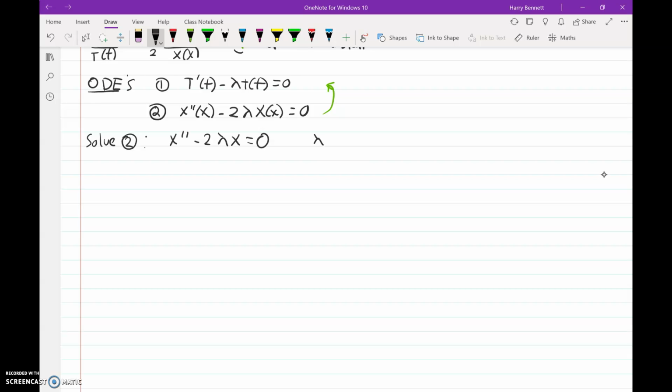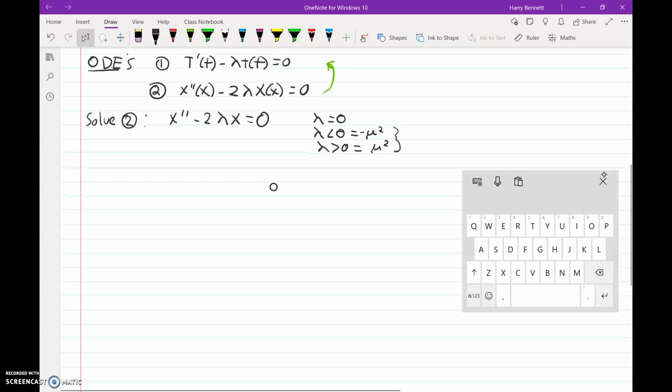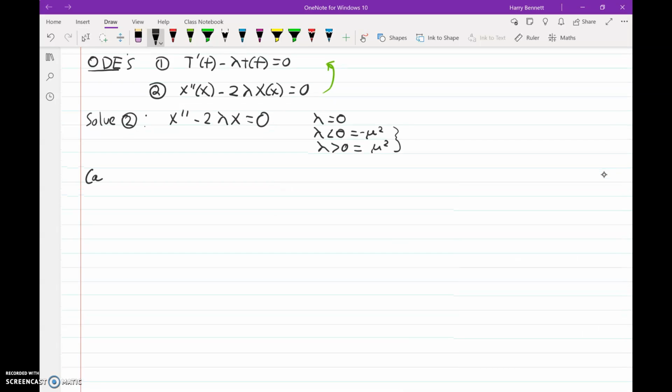Lambda could be equal to 0, it could be less than 0, where it's equal to some negative mu squared, or it could be greater than 0. And I'll explain why we've used a square in a second. So case 1. This is where lambda is equal to 0.